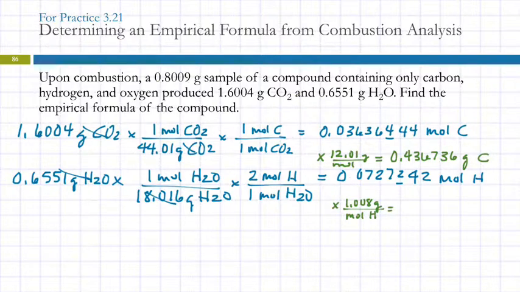Again, here we don't have to consider that hydrogen is a diatomic element because it's not by itself. It's with carbon and oxygen. So the mass of the hydrogen is 0.07330. I'll just throw a couple extras in there.